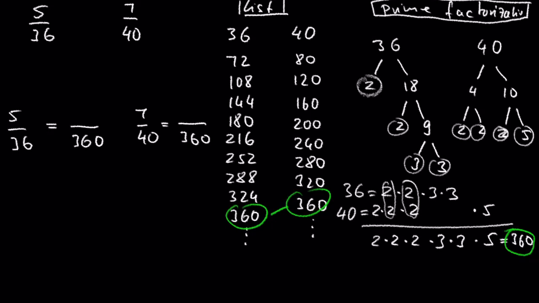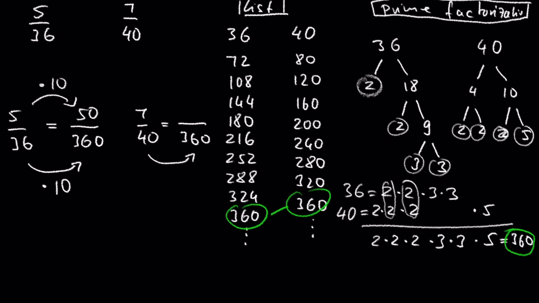Feel free to pause the video and try it on your own. 360 divided by 36 is 10. 5 times 10 is 50.